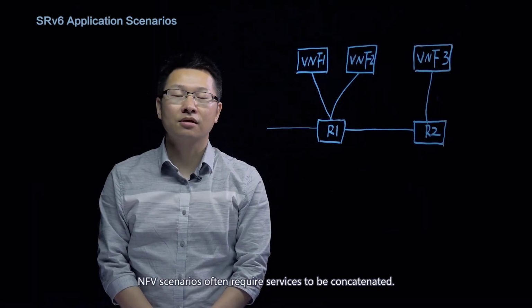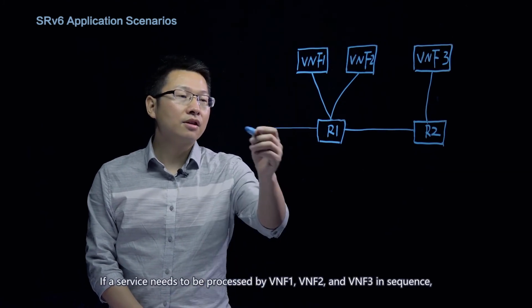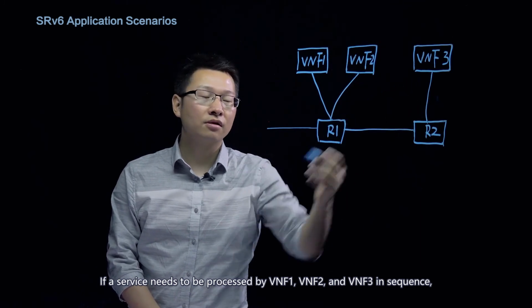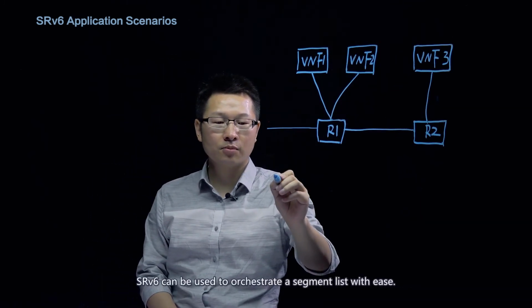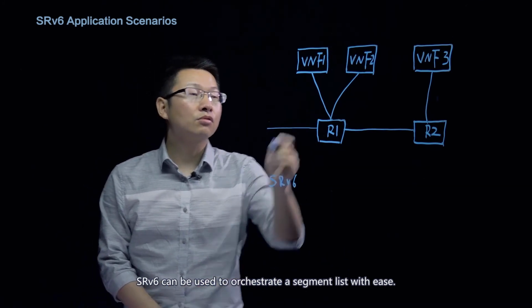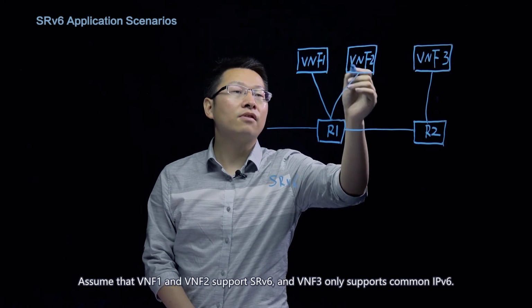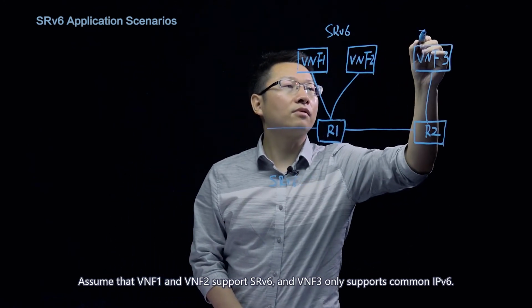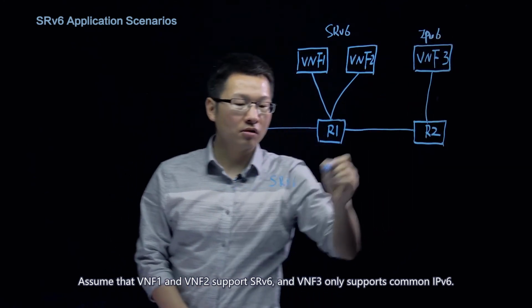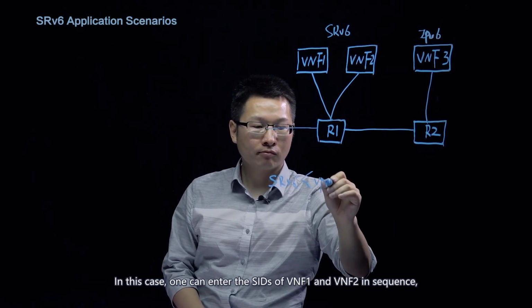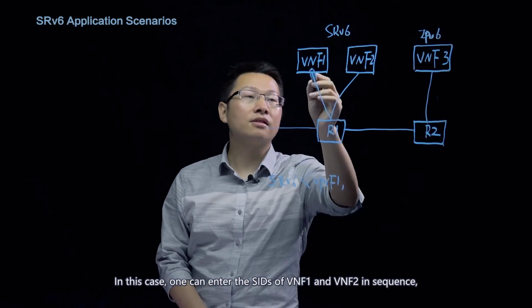NFV scenarios often require services to be concatenated. If a service needs to be processed by VNF1, VNF2, and VNF3 in sequence, SRv6 can be used to orchestrate a segment list with ease. Assume that VNF1 and VNF2 support SRv6 and VNF3 only supports common IPv6.